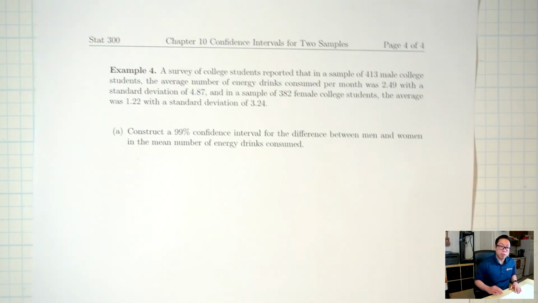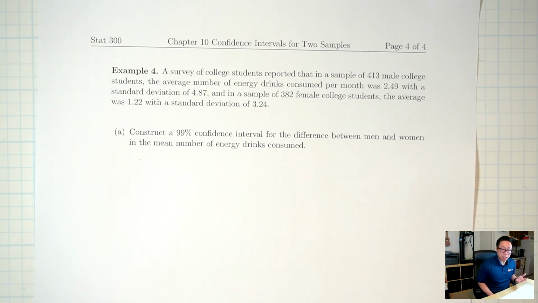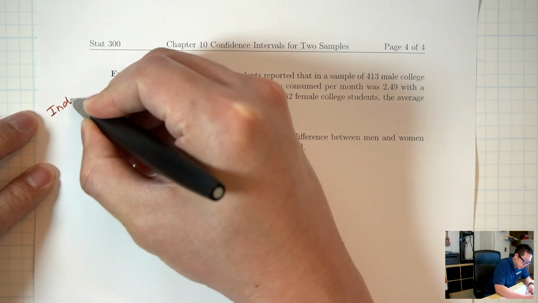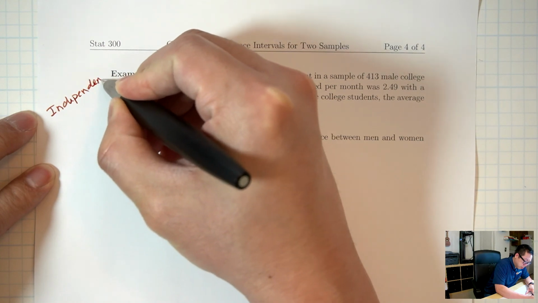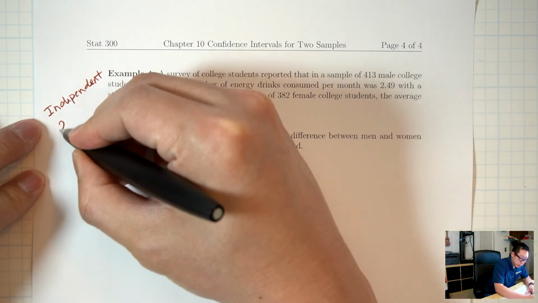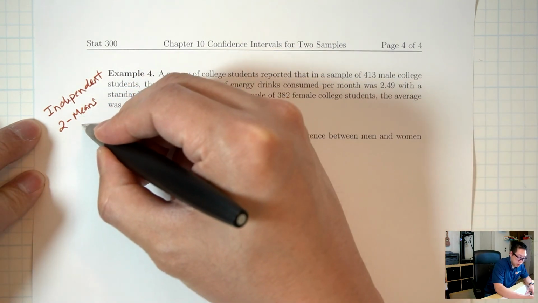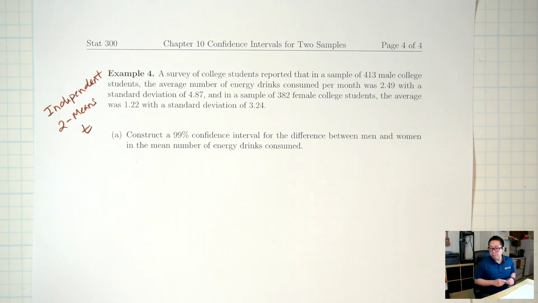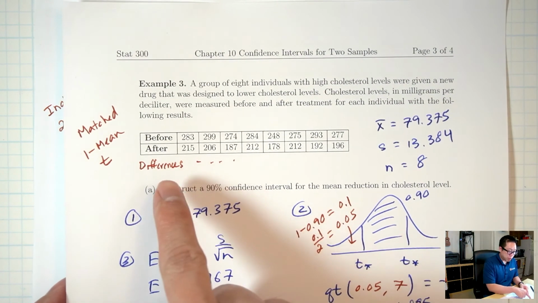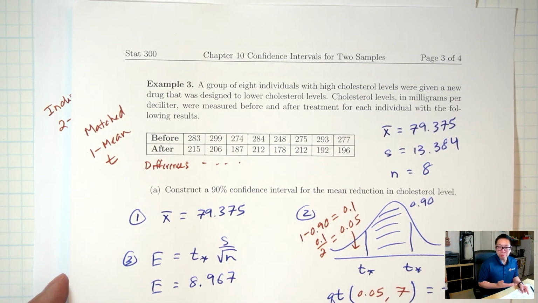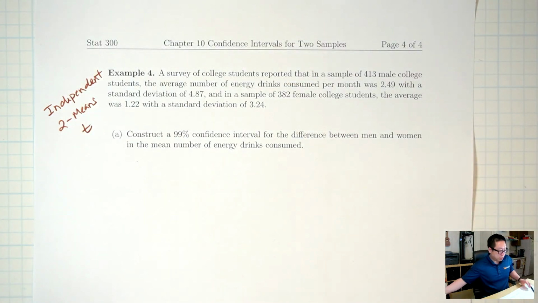Here, I'm not giving you data, so it has to be independent, which means you're going to run it as two means. And to remind myself, I should be using t's. The reason it's independent is because it can't be matched. For matched, remember, we have to find the differences, and if you don't have the data, you can't find the differences. So you can't do it as matched anyway. This is independent.